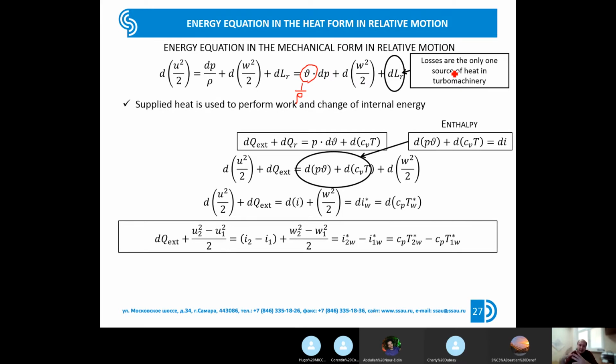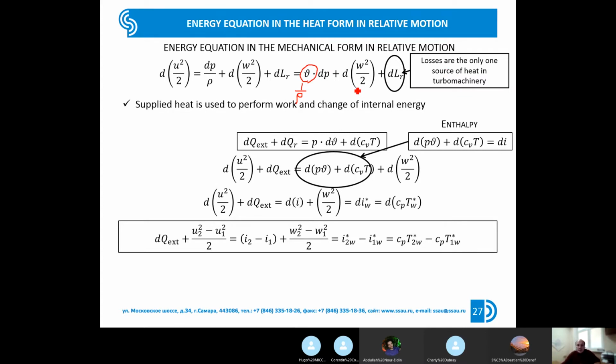We are not supplying any heat, but in reality these processes are not adiabatic, and we are supplying some internal heat. The source of the internal heat is the losses, because finally all friction, all separation are converted to heat, and this heat is supplied to the flow inside the turbomachine. So it's the first idea.